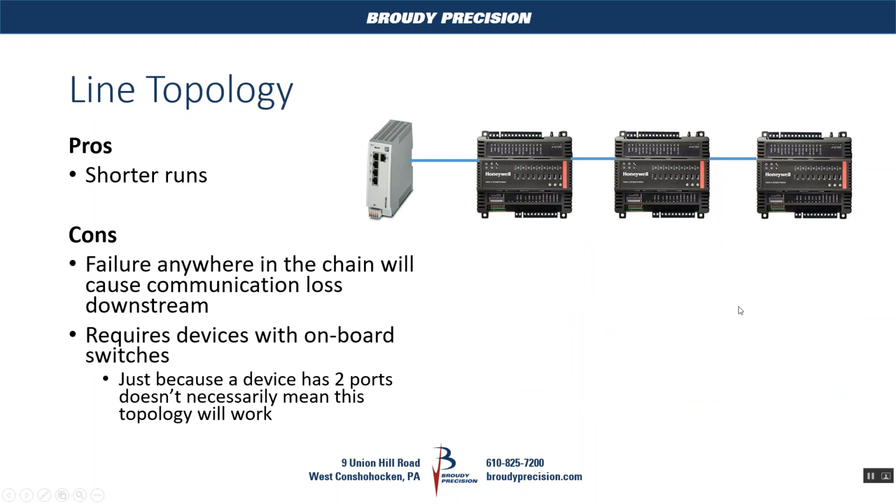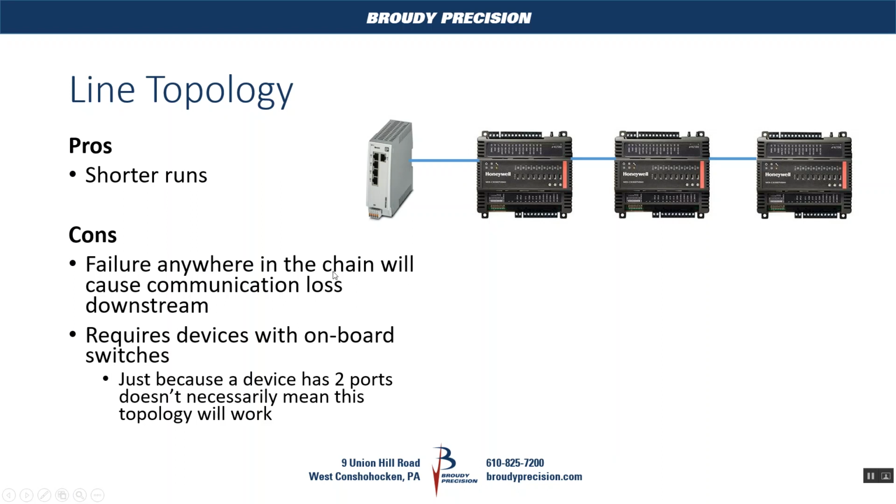Our next option is line topology. The benefit of the line topologies is a shorter run, right? Your initial run from your switch is just going to go to that first device in the line, and then you're going to go to the next device and the next device. You're not running all the way back from each individual device back to the switch that you're trying to communicate to. And again, all of these devices are on the network and they can talk to each other.